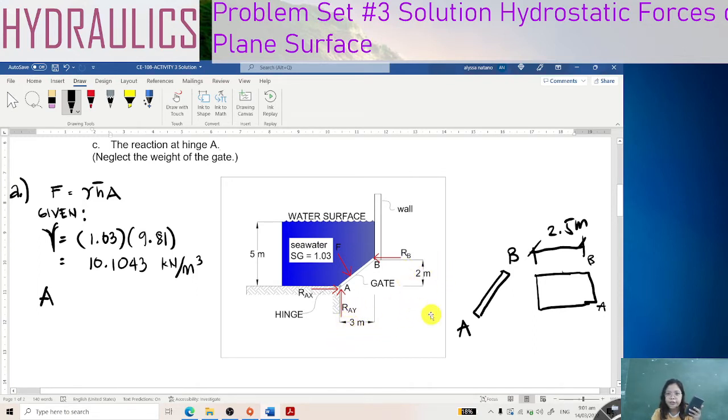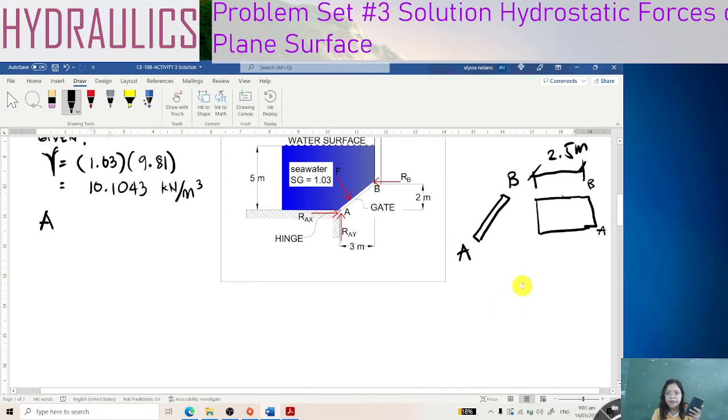So, 2 and 3. That is simply para ka lang nagtitreat ng triangle. Meron ka ditong vertical na 2 meter, tapos meron kang horizontal na 3 meter.